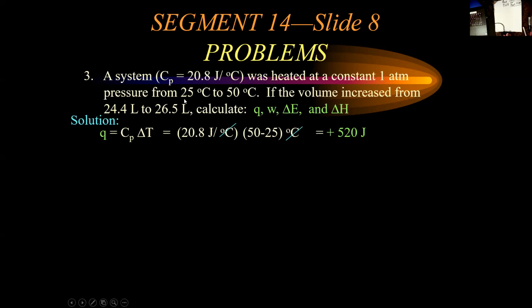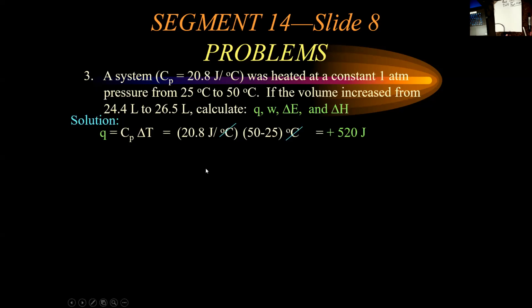So how am I going to get the sign of my heat flow? I'm going to look at the change in temperature and note where the thermometer is. If it's talking about the temperature inside a system, the thermometer is inside the system. So if the thermometer is inside the system and the temperature goes up, heat went in. That's how you make the temperature go up: you have to put heat in.